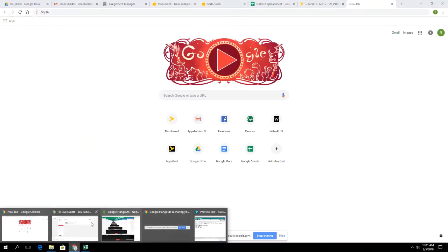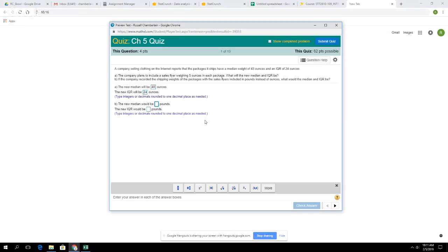So many, many ways to do these. Okay, so I got a 3 for that. And now my IQR does scale. So I take my old IQR, 24 ounces, divide by 16. Oh, wait. Yeah. Get a 1.5 there. Sorry, I was reading the wrong number off of my calculator for a sec.